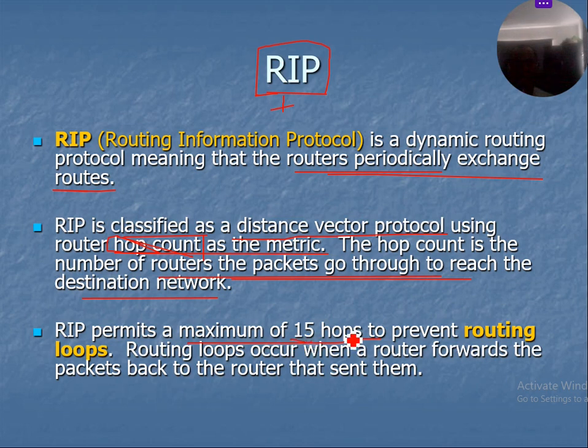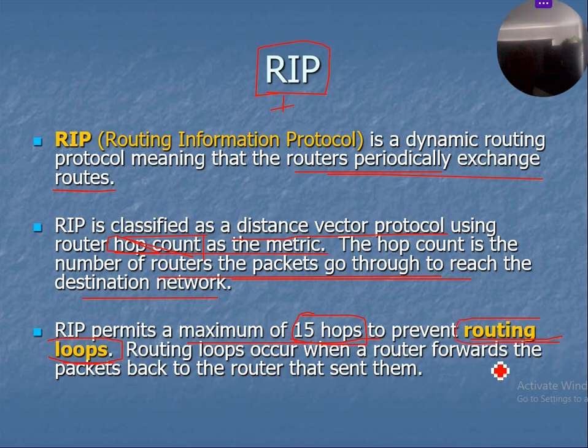So when it passes 15 routers, it's still okay, but beyond this it will result in what we call a routing loop. If the hop count goes beyond 15, we will have an effect known as routing loops.